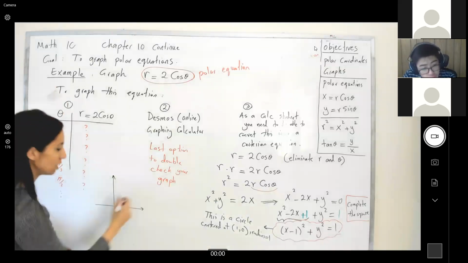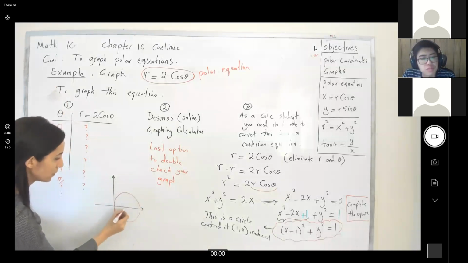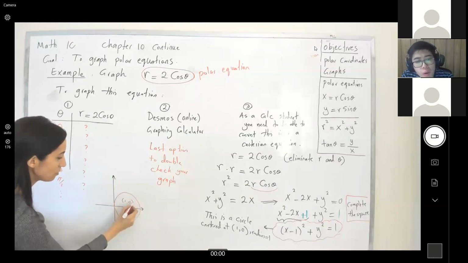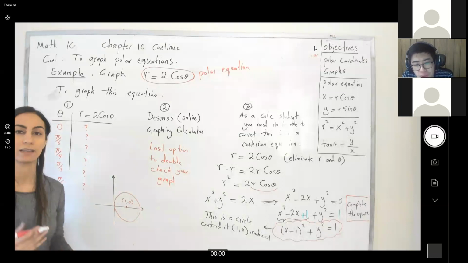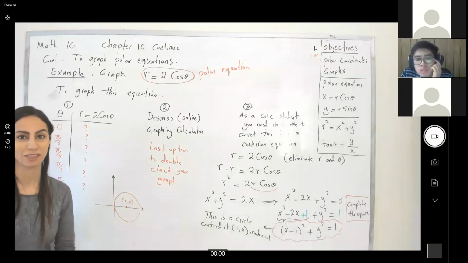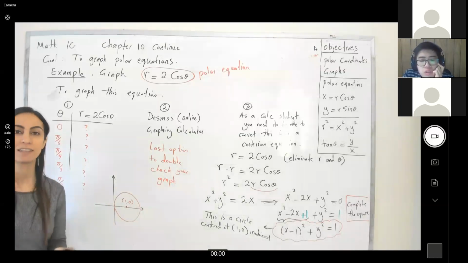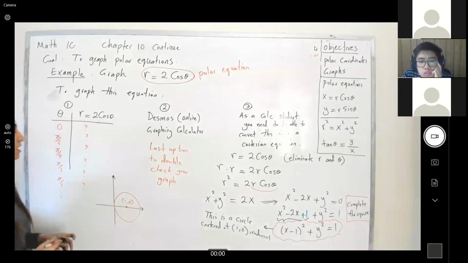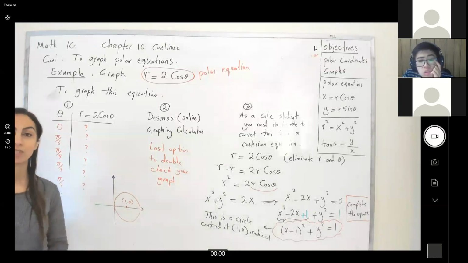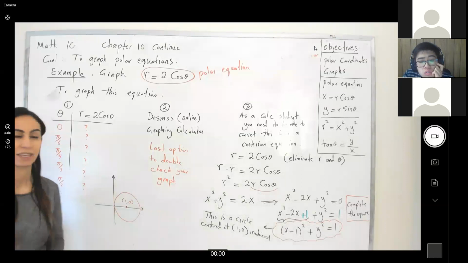Actually you see it is exactly the same as a circle centered at (1, 0) with radius 1, which is the exact same thing that Desmos and any other graphing calculator does. They plot these points so fast that you don't see them, but it's just point plotting. They create a graph for you.